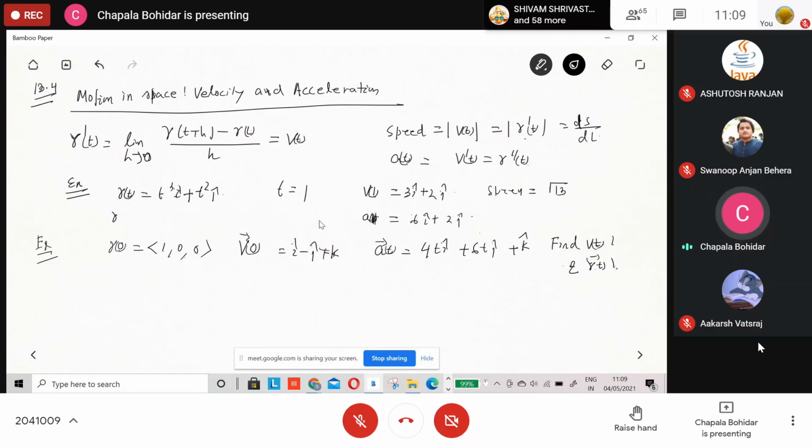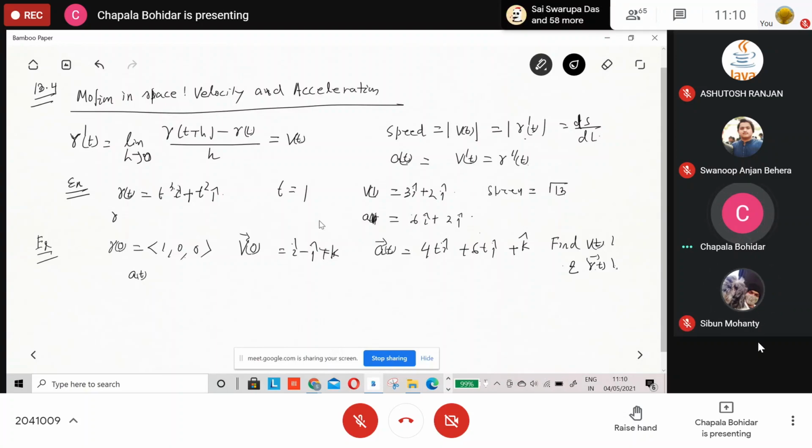v(t) is equal to, a(t) is equal to 4t i cap plus 6t j cap plus k cap.